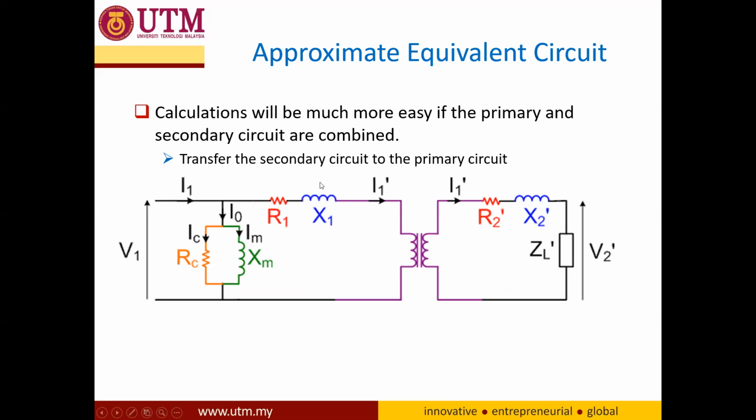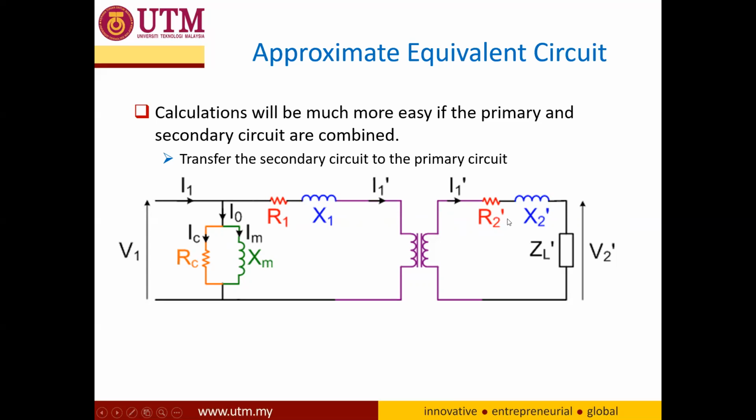Based on the previous study, R1 and X1 can be transferred to this part, and this can be done without any calculation error. So we can redraw the approximate equivalent circuit of the transformer like this.